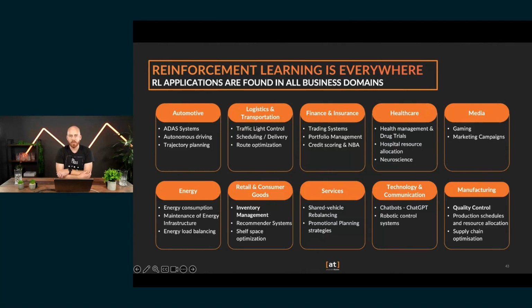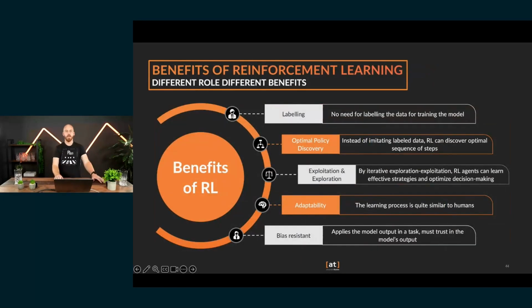So what we want to encourage you is, whenever you have a decision-making problem where you want to choose the best action at a time, but you don't know how to model the action space and reward function, come to us. We will have a look at whether it's feasible, and don't think that there are any industries where reinforcement learning cannot be applied.